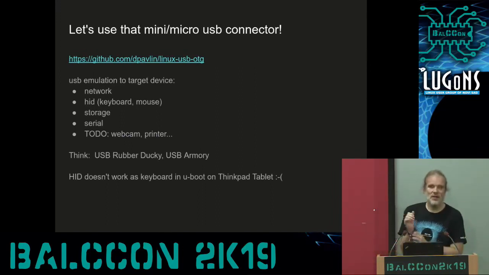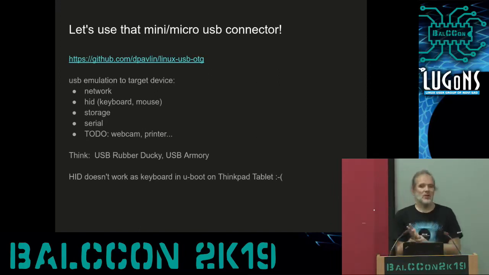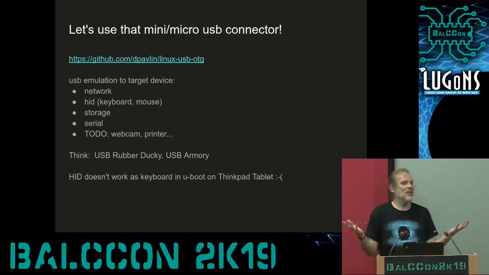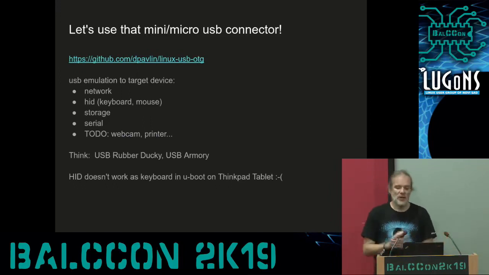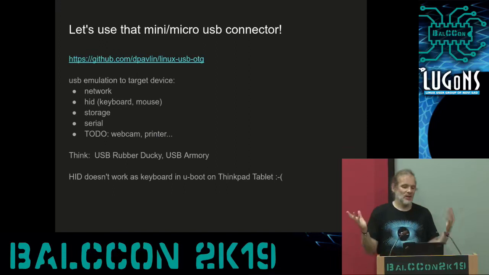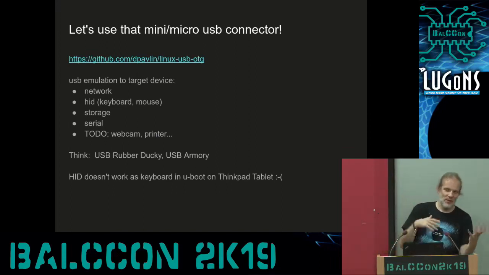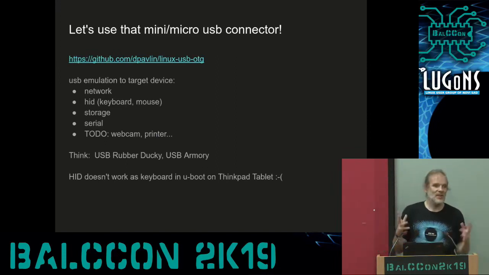Here is the link to the GitHub repository with a script which you can run on an Allwinner device, on a Raspberry Pi Zero, on a QB board, basically on any ARM device with a recent enough kernel, like 4-something or newer, to get a USB network card, human interface device, keyboard, mouse, storage, serial. There are also webcams, printers, and stuff like that.